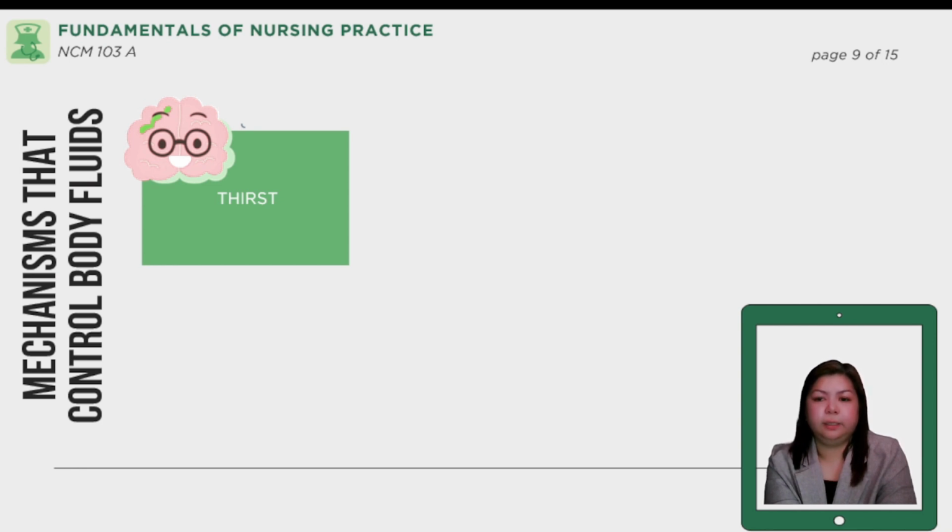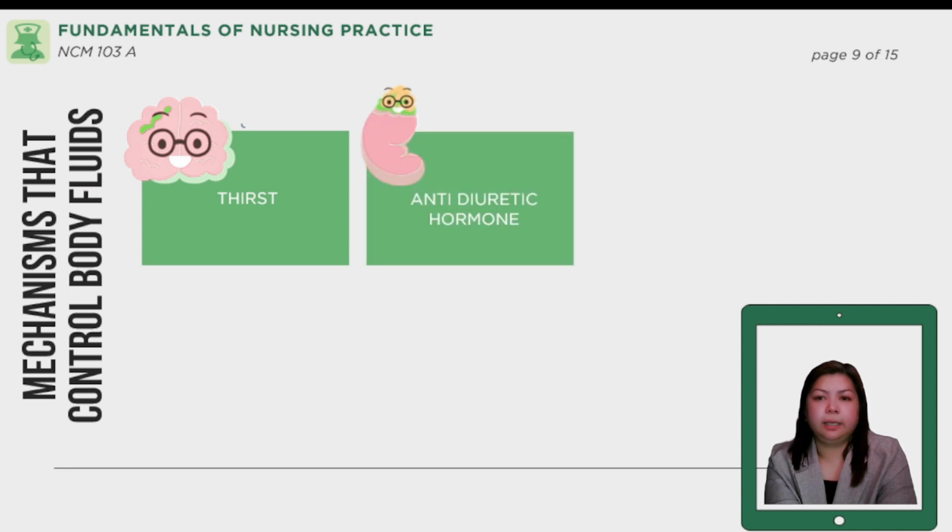Next, you have your antidiuretic hormone. Your ADH, also known as vasopressin, is a hormone produced by the hypothalamus and released by the posterior pituitary gland. It plays a crucial role in regulating water balance by controlling the reabsorption of water in your kidneys.